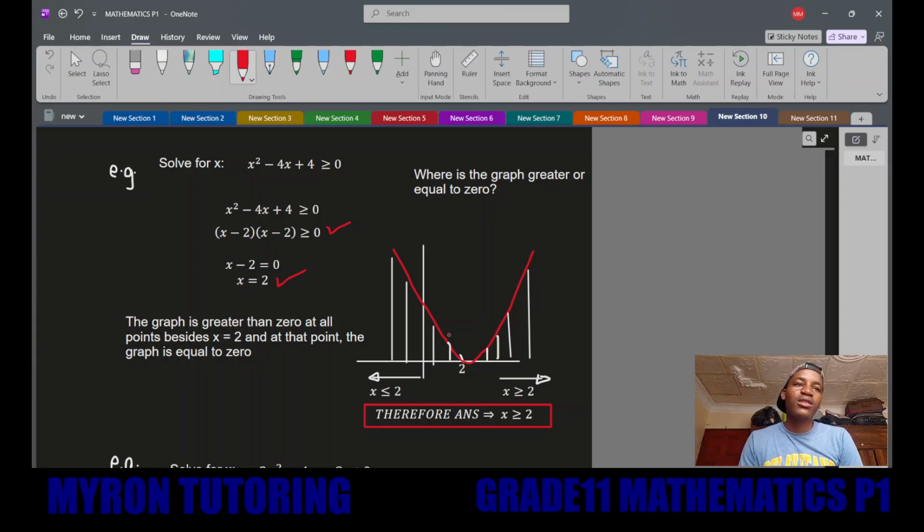That means the graph only touches the horizontal line once, at x is equals to 2.